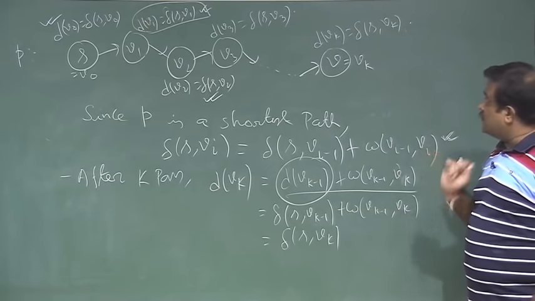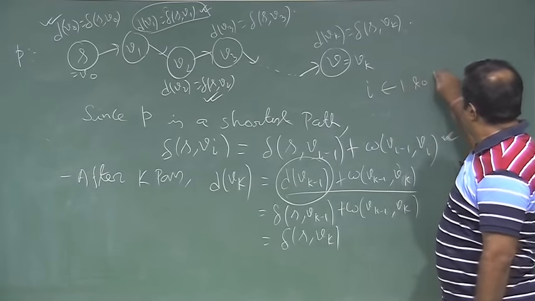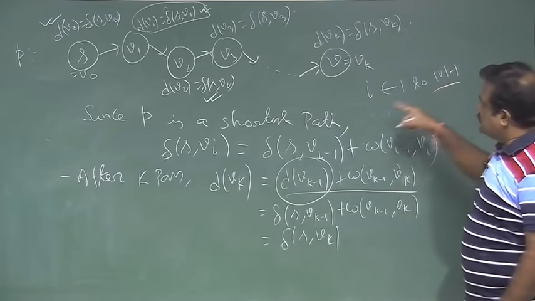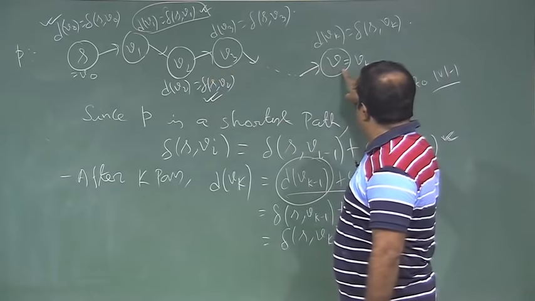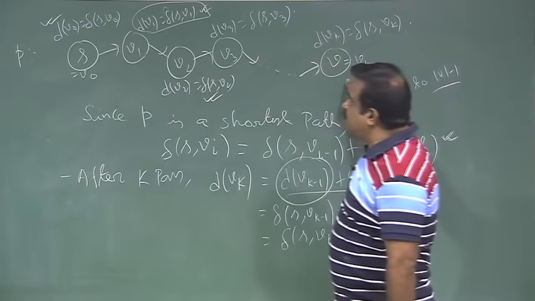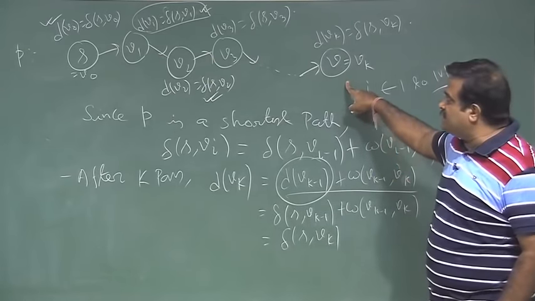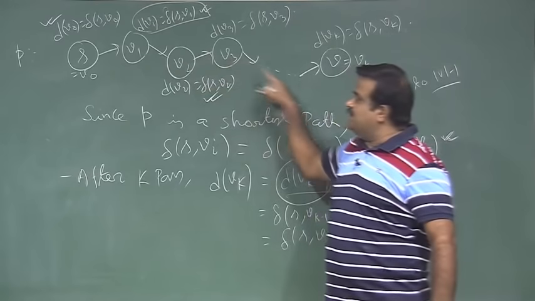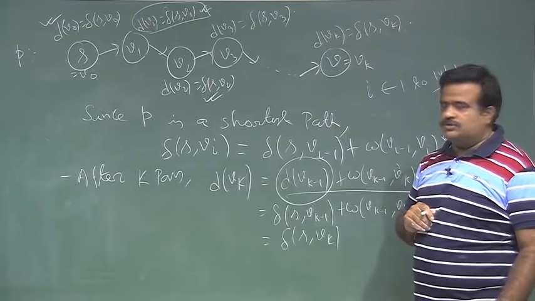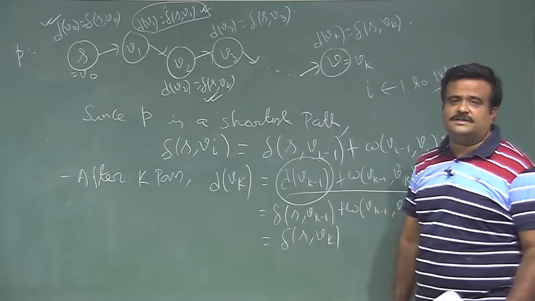That is why the outer loop of Bellman-Ford runs from 1 to V minus 1, because we do not know where V is. How many vertices are there? This is a simple path, because there is no negative cycle, so every path is a simple path. So these vertices are distinct. How many vertices can we have in the middle at most? There are at most V vertices, so there could be V minus 1 vertices in the middle.